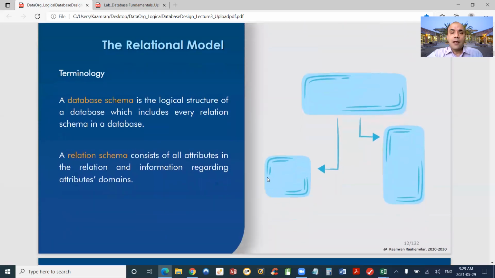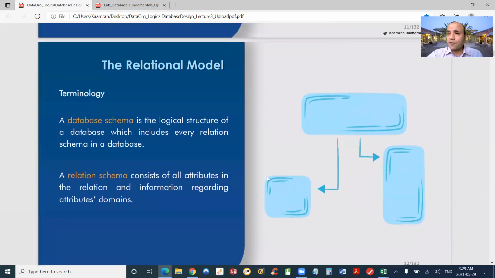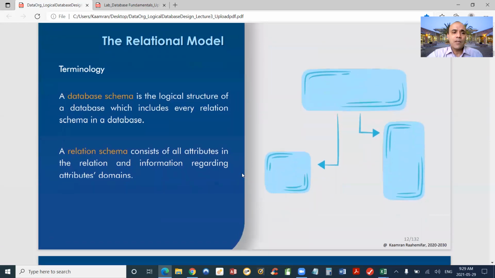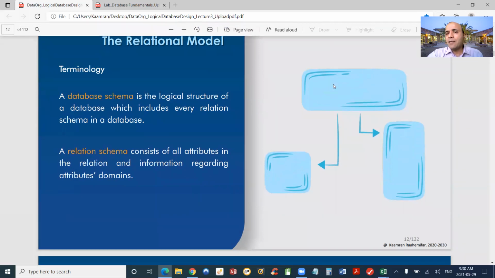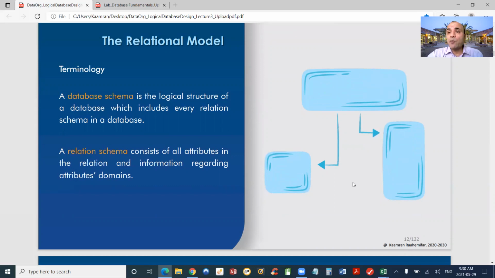A database schema is the logical structure of a database, which includes every relation schema in a database. So you can remember that there is going to be a relationship between all of these together, and that relationship, pictorially, we have seen in the past. From a table point of view, we are going to see it again at the level of detail of a table.